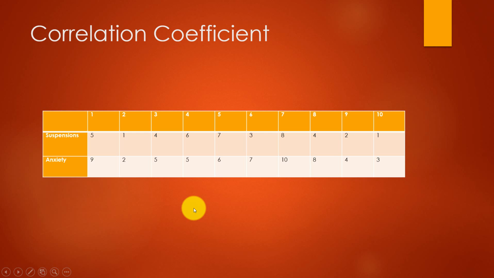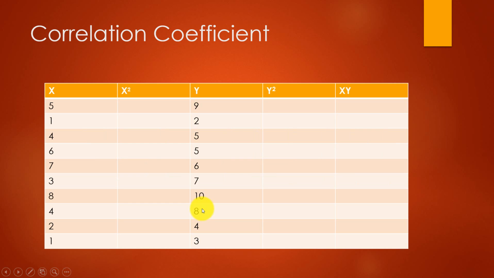Then the next question becomes, how do we use these data points to begin an analysis to ultimately end up with a Pearson's r correlation coefficient? And as usual, the way I do it is I create a chart. The chart has the x, x squared, y squared, xy. So again, we have the x variable, the x squared variable, the y squared, and the xy.